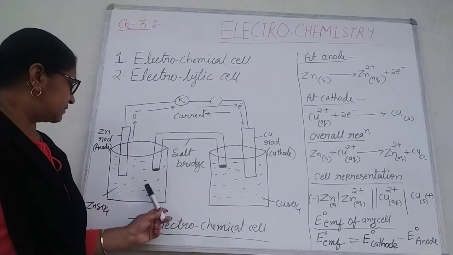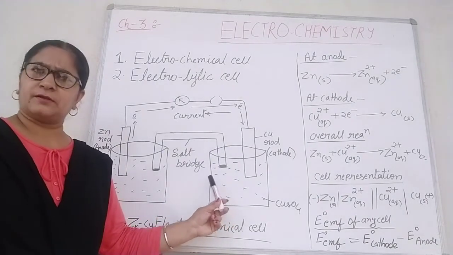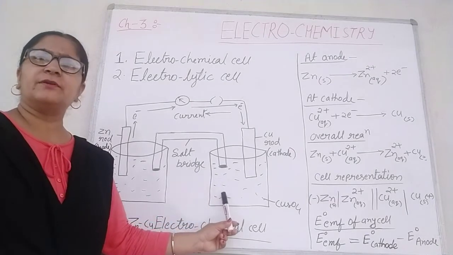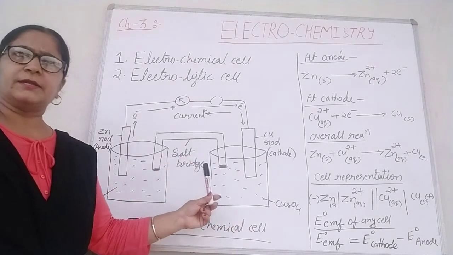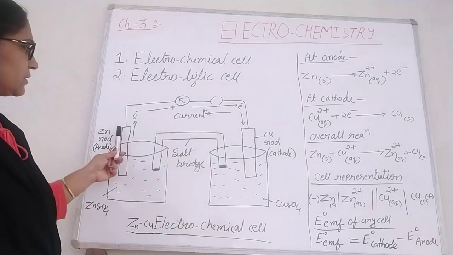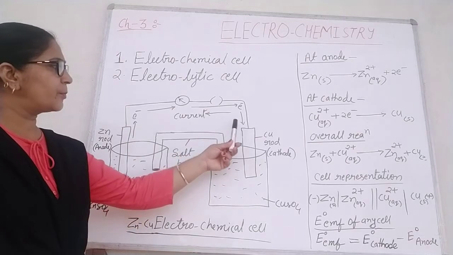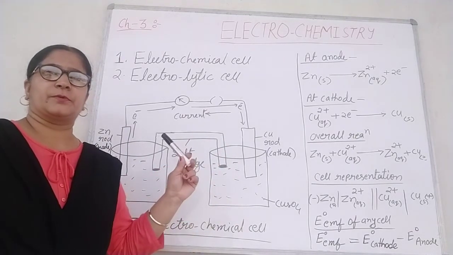Here we take aqueous solution of zinc sulfate and copper sulfate in two different beakers. A zinc rod is dipped in zinc sulfate solution and a copper rod is dipped in copper sulfate solution.